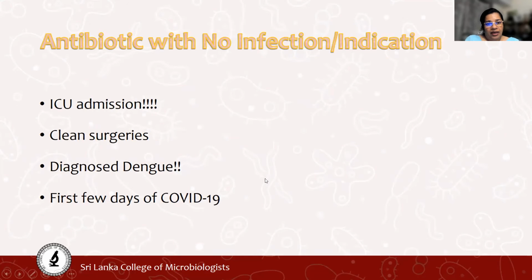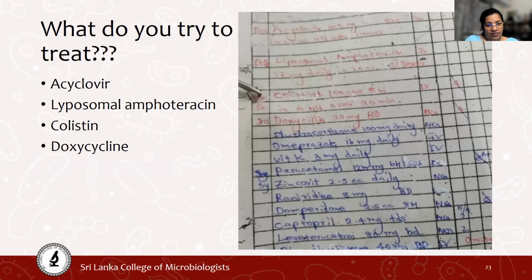Antibiotics with no infection or indication. Sometimes just because the patient is admitted to the ICU, antibiotics are prescribed. And for clean surgeries, diagnosed dengue, and the first few days of COVID-19. What are you trying to treat in this situation? These are real examples.